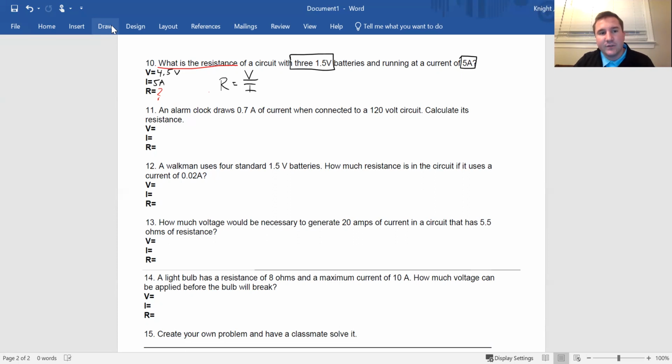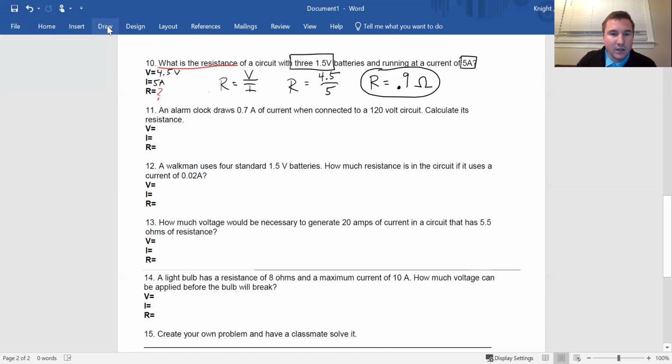So voltage is 4.5, current is 5, R is going to equal 4.5 divided by 5. And 4.5 divided by 5 is going to be 0.9. I'm going to guess 0.9. Unit is ohms, which is the upside down horseshoe. And there's our answer. Boom.